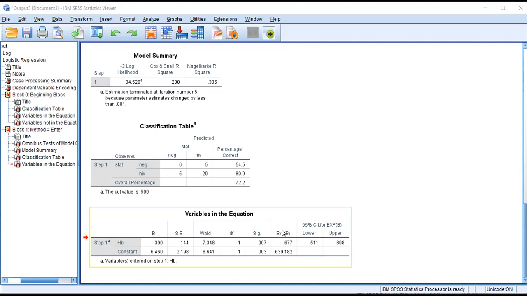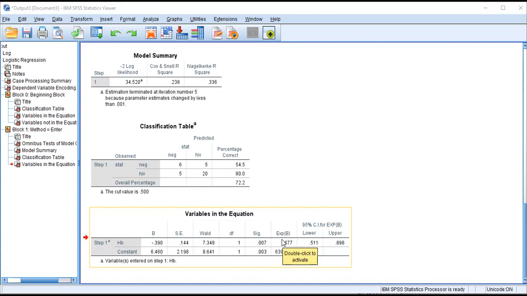If the odds ratio is less than one, it shows a negative relationship. If it is one, it means there is no association, there is no prediction. If it's greater than one, it shows a positive prediction. So you can see the odds ratio is 0.677, and is what?